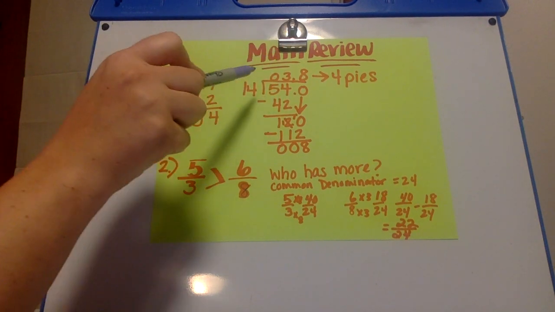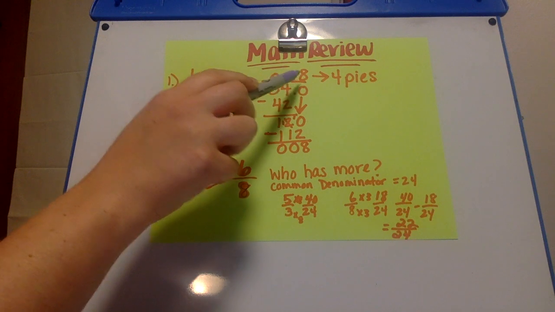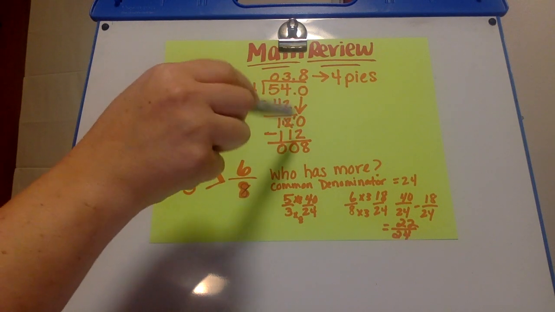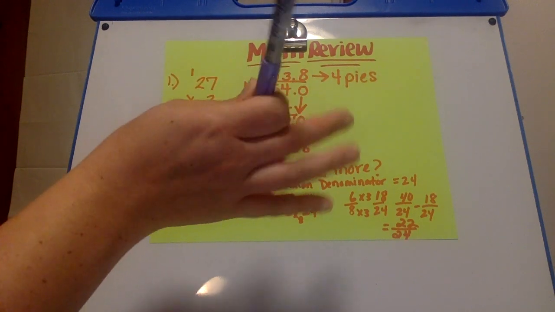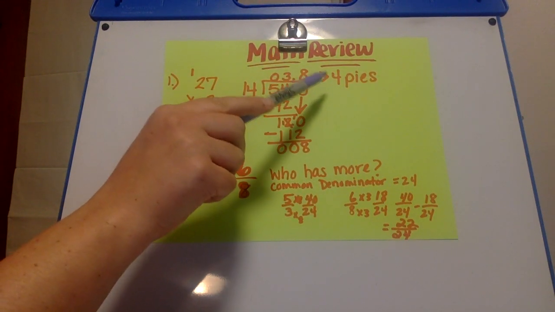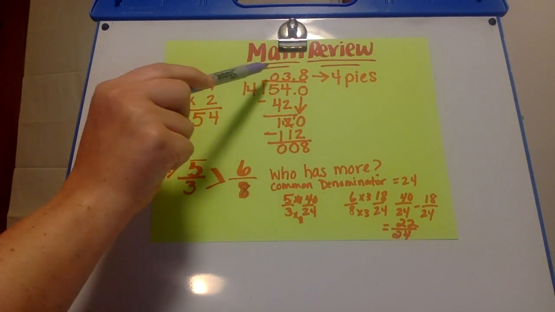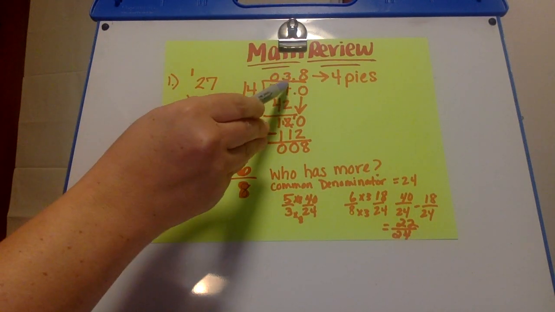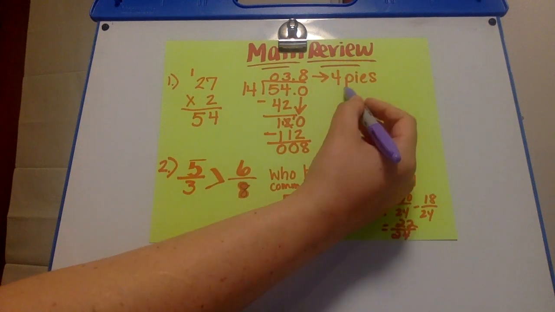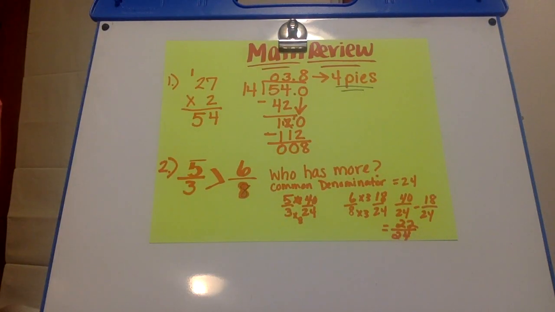And when I divided over here, you could see I got a decimal and I got a remainder. So I'm already knowing that I kind of did a little bit of rounding in here, that I would have to get 4 pies. I wouldn't get 3 because obviously 3 and 8/10 is going to be closer to 4. So I need 4 pies. Go ahead, make sure you're checking in. This should be quick.